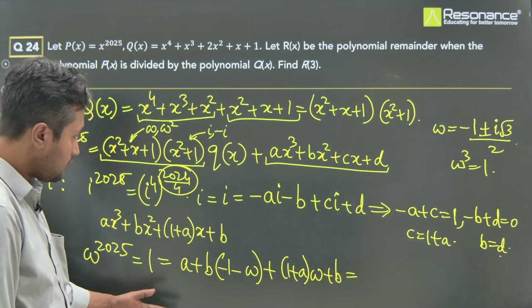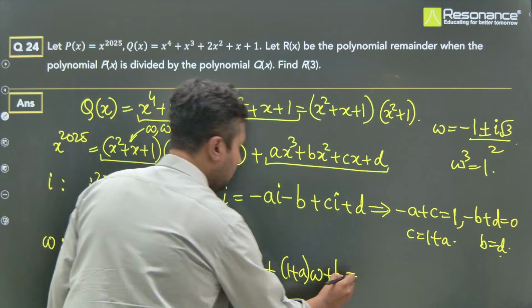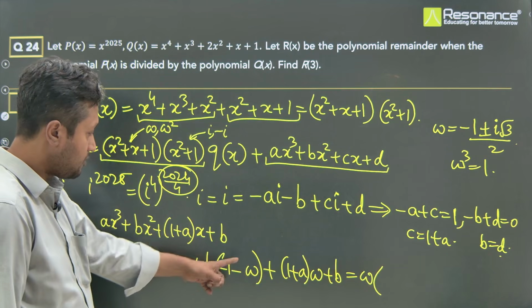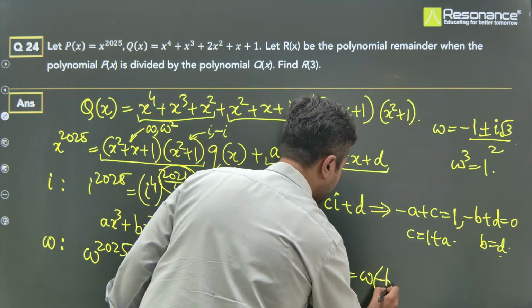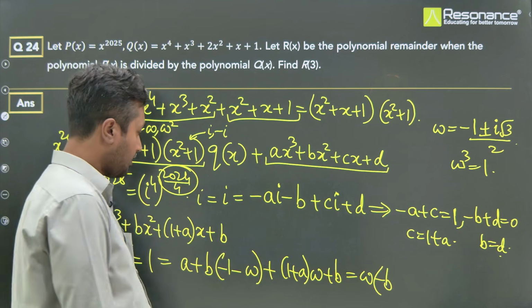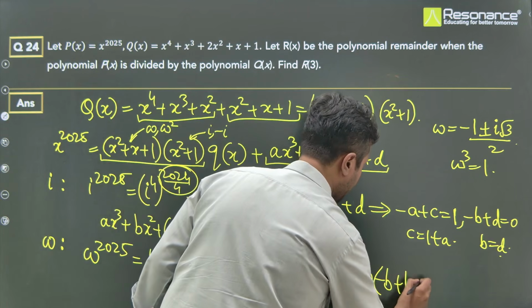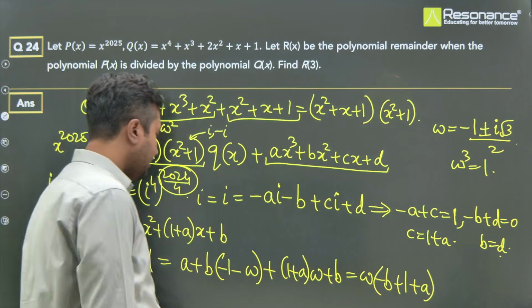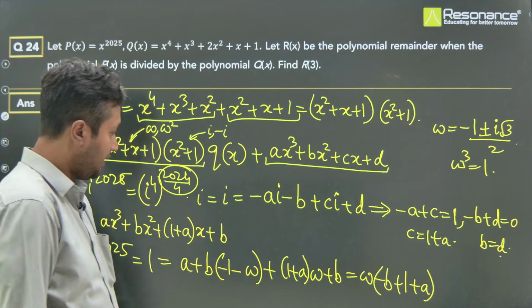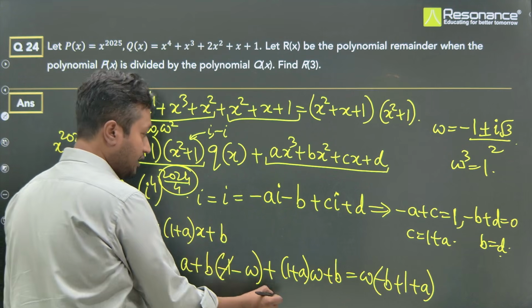Okay, so the omega part, let's write down all those terms which have omega. So you have a minus B coming from there, and then 1 plus A coming from that. And then the remaining terms, it is A minus B plus B. So this B and that B, they're out.